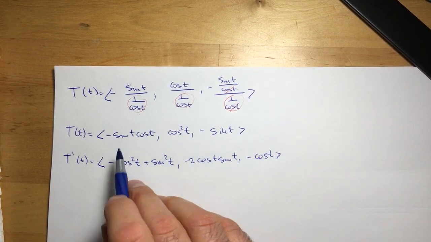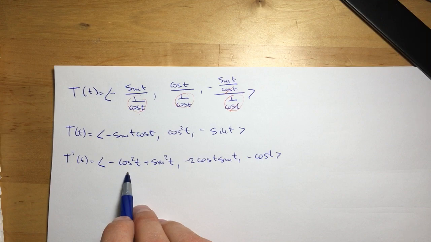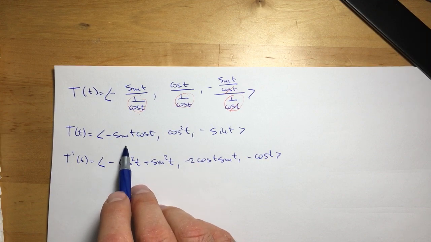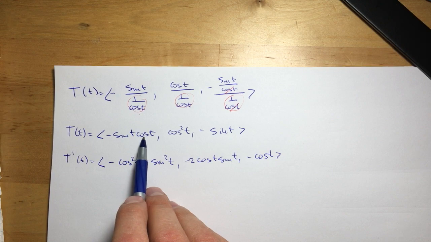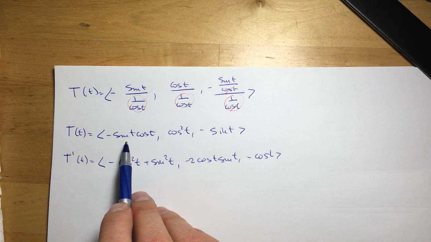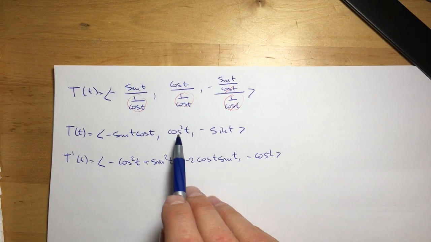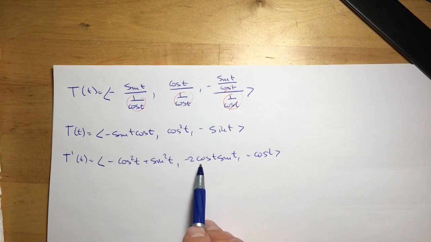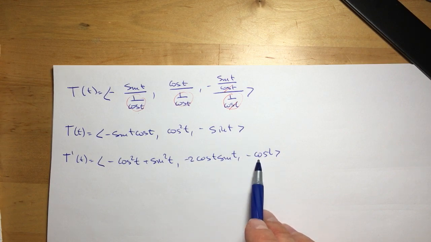Let me just make sure here. The derivative of sine of t is cosine of t, so cosine times cosine is cosine squared, plus negative sine of t times the derivative of cosine of t. The derivative of cosine of t is negative sine of t, so negative sine of t times sine of t is sine squared. By the chain rule here I get negative 2 cosine of t sine of t, and the derivative of sine of t is cosine of t.